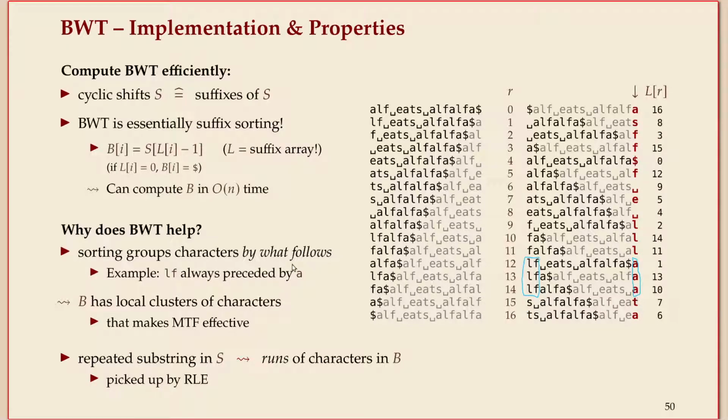So we group characters by what follows, and that means if there's redundancy, say, TH is often followed by E, the BWT is able to pick that up.